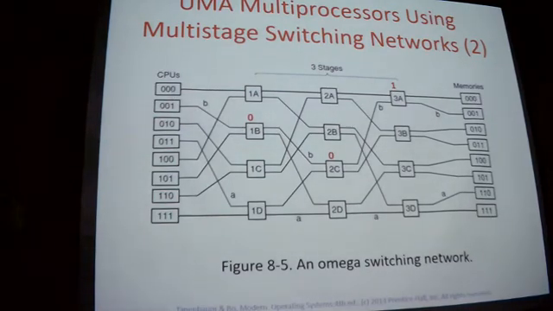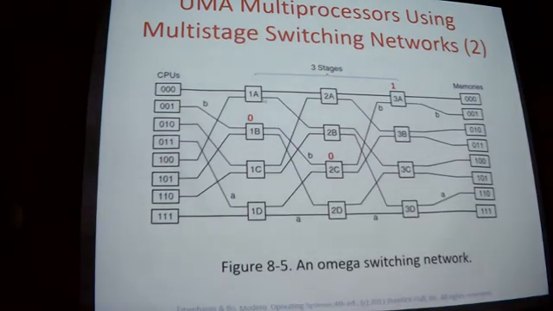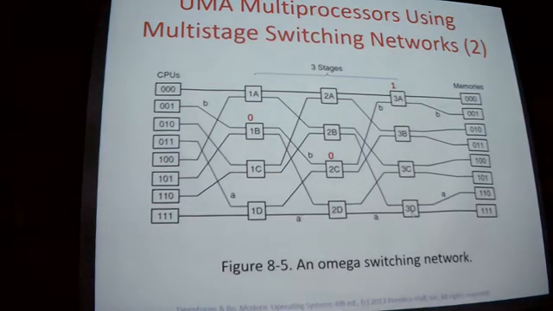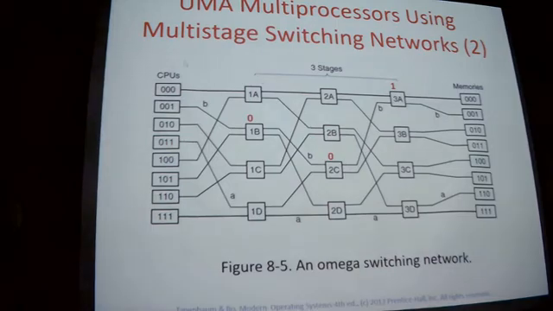The first bit is 1, so down line, and here also 1, down line, and get it to 1, 1, 1. From CPU 0, 0, 0 to memory 1, 1, 1. You will find that from any CPU you can get it to any memory.